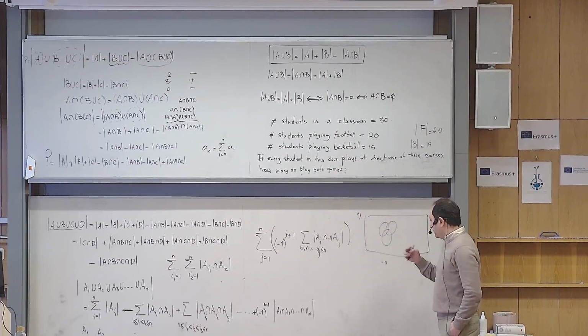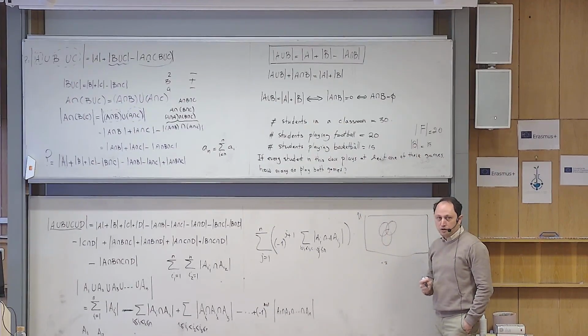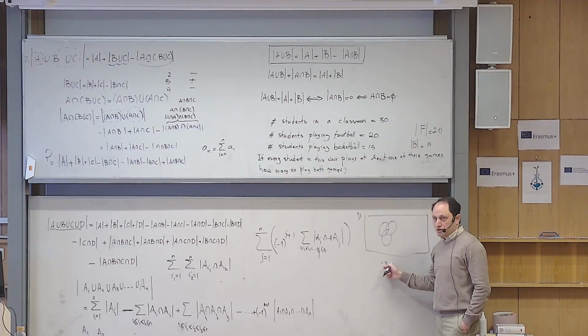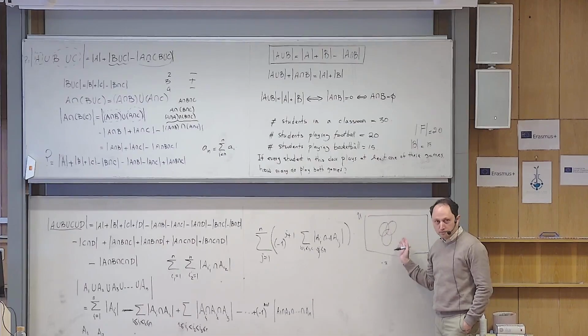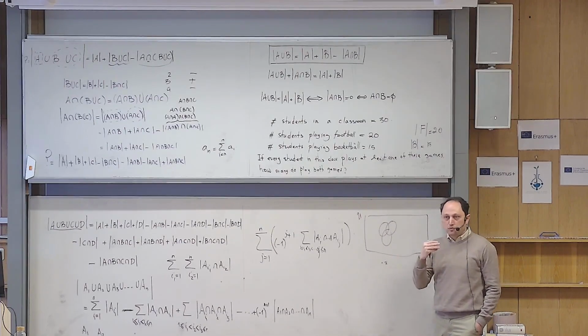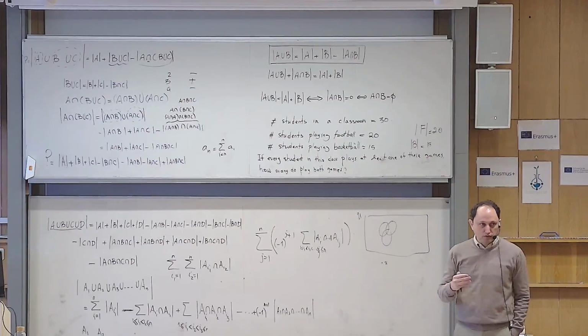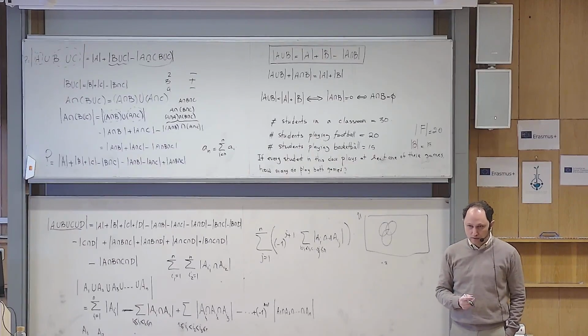Do you agree with me that for this element that I pick, there are 5 cases? Either this x does not belong to any one of them, or it belongs to exactly one of them, or exactly 2 of them, or exactly 3 of them, or exactly 4 of them. Do you agree with me?